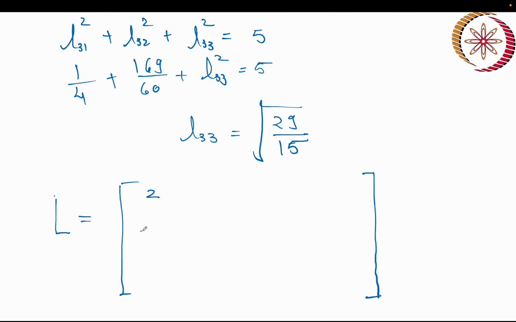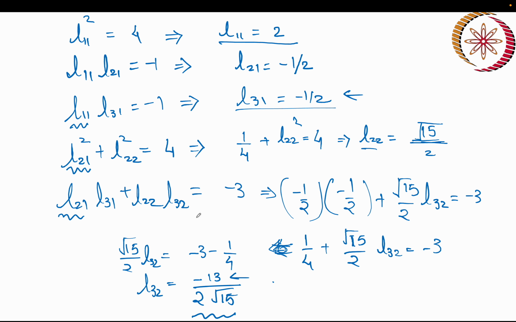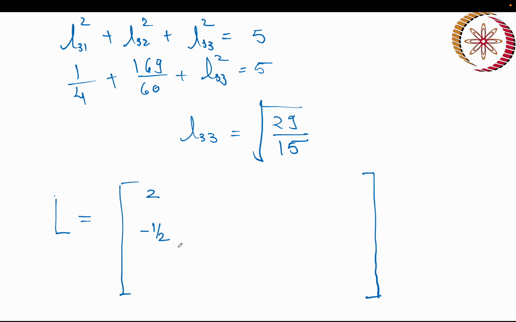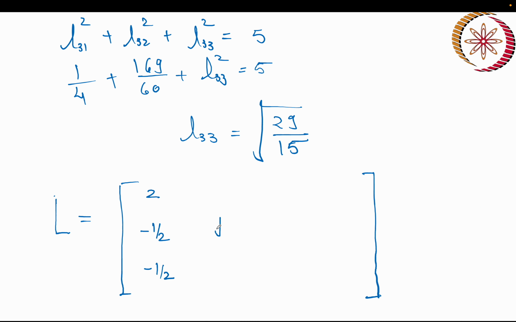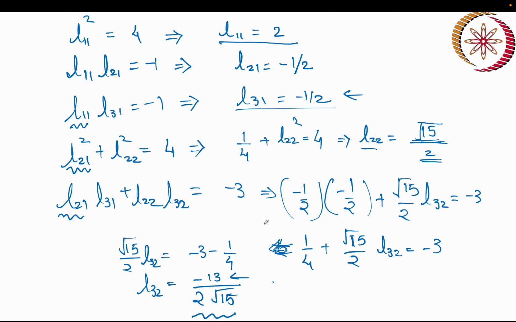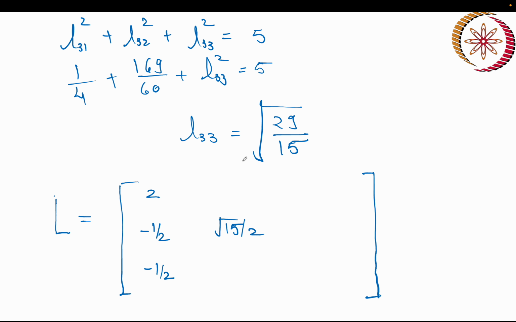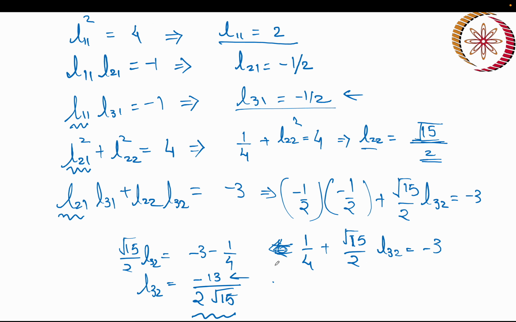L21 is minus half, then it's again minus half, then the next is square root of 15 by 2, next is square root of 29 by 15, then 0 0 0, and this term is L32, which is minus 13 by 2 square root of 15.